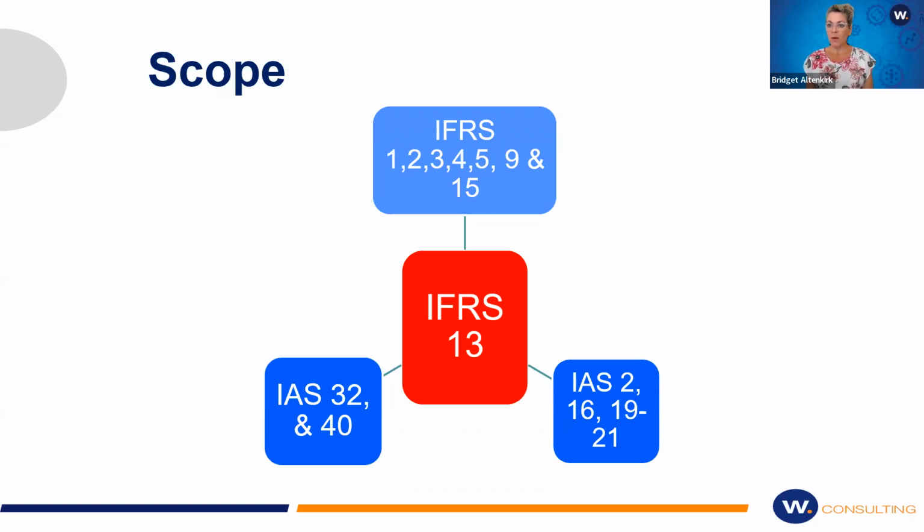They rather tell you if and when something can be measured at fair value. If something is then to be measured at fair value, that entity then needs to refer to IFRS 13, because IFRS 13 is the single place within IFRS which now contains the guidance as to how a fair value measurement should be performed.